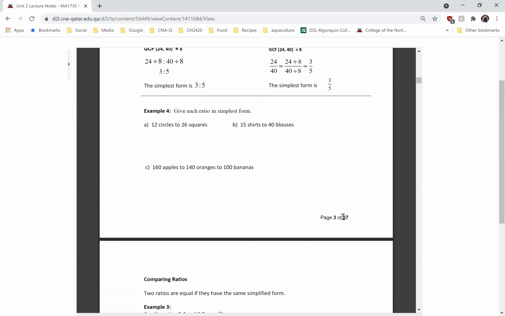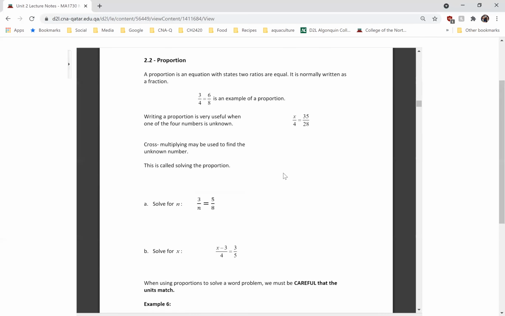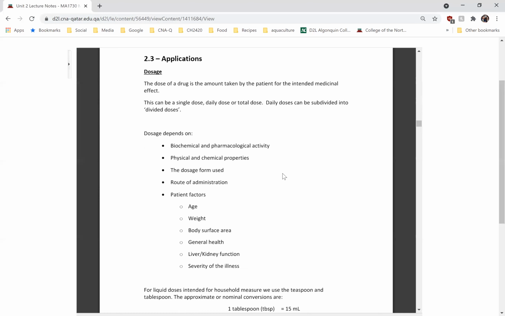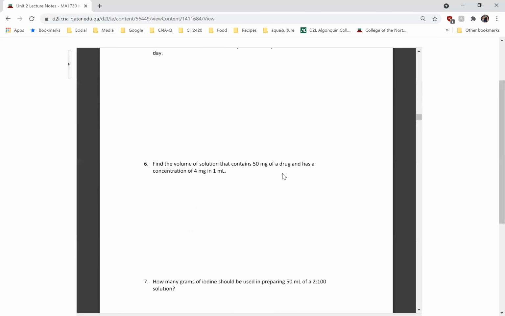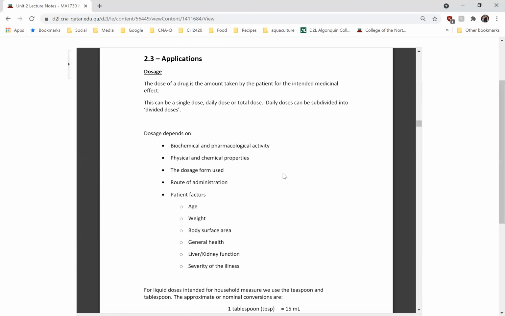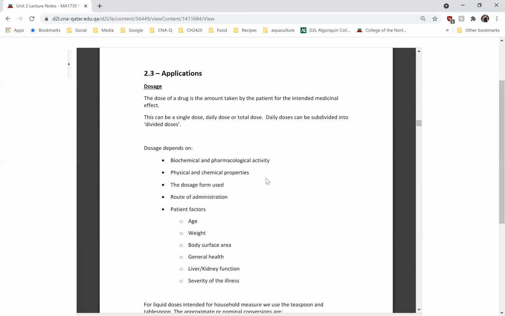This section is a little bit bigger, 37 pages. Still nothing like Math 1700, but we're going to look at these ratios and fractions and apply them to doses of drugs, or pharmaceuticals. We'll start that on Sunday.